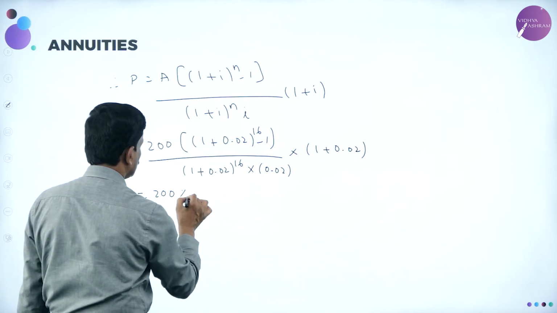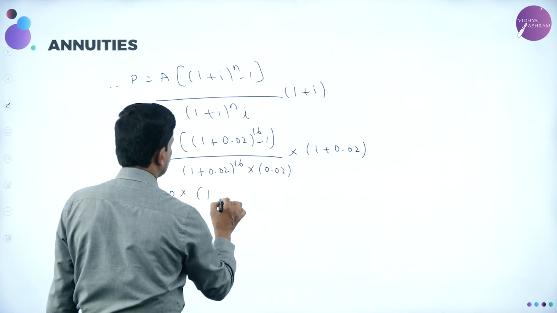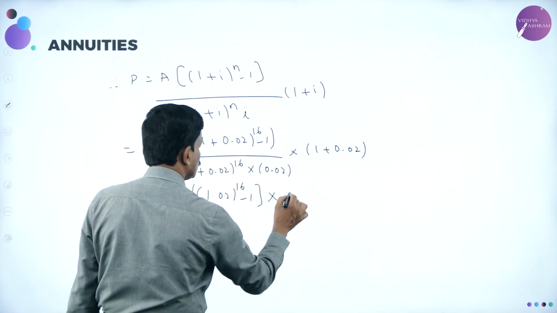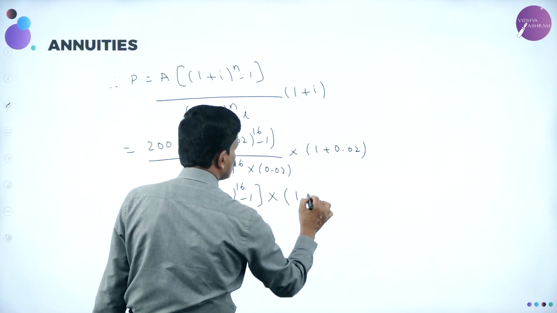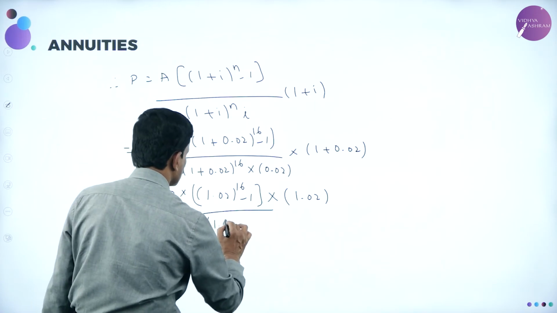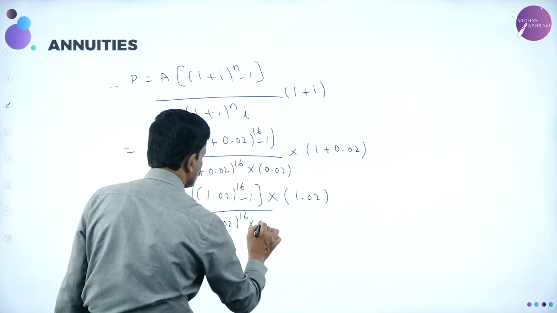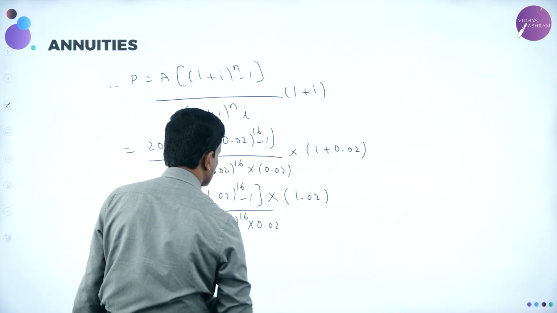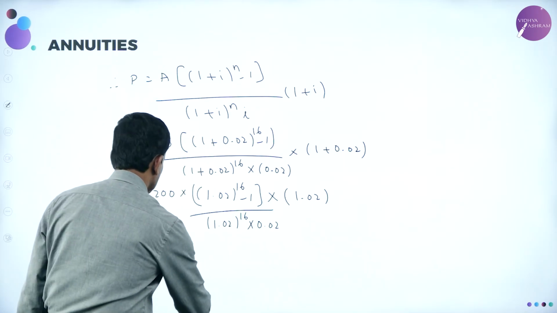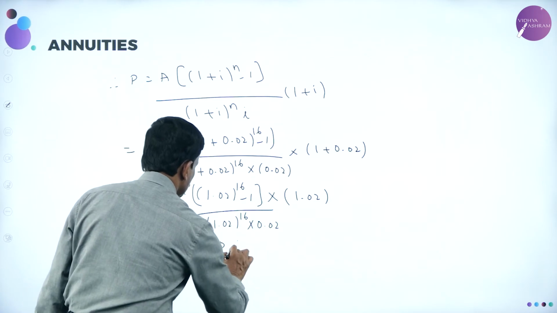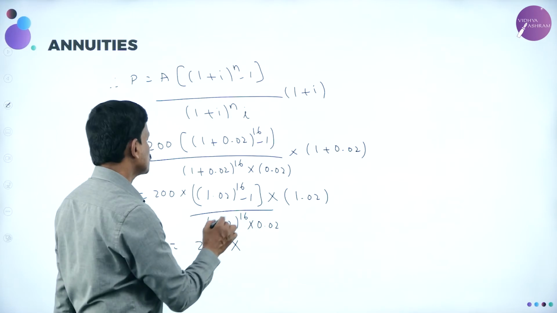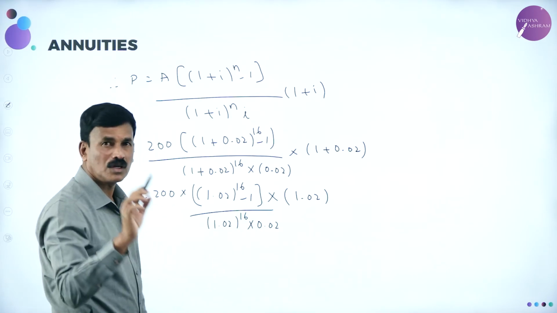This is 200 into 1.02 whole to the power of 16 minus 1 into 1.02 whole divided by 1.02 whole raised to 16 into 0.02. Simplify this. That's it. So this is equal to 200 into, if we simplify 1.02 whole to the power of 16 minus 1 is equal to, now I'll write here.